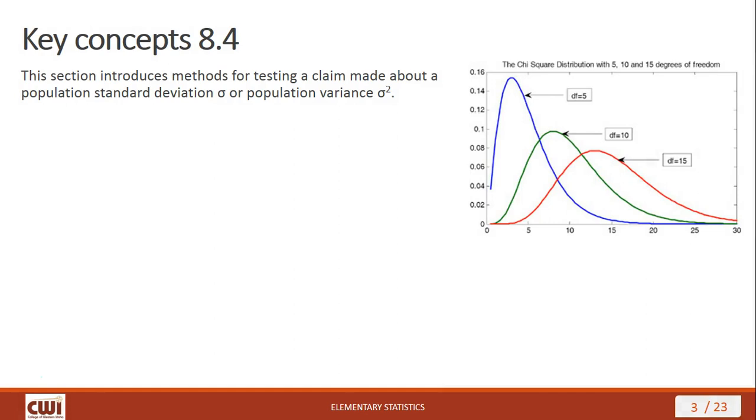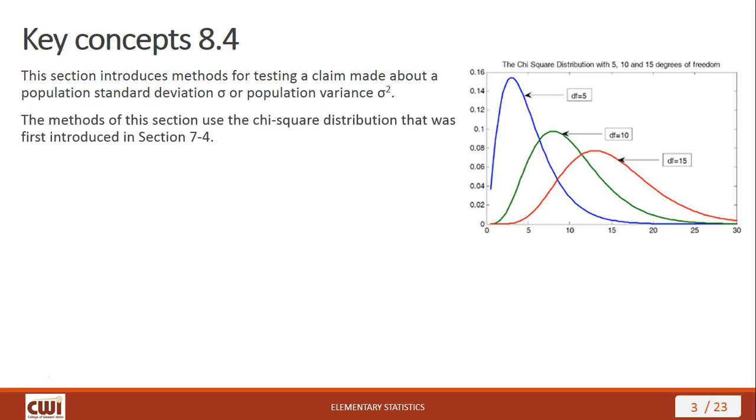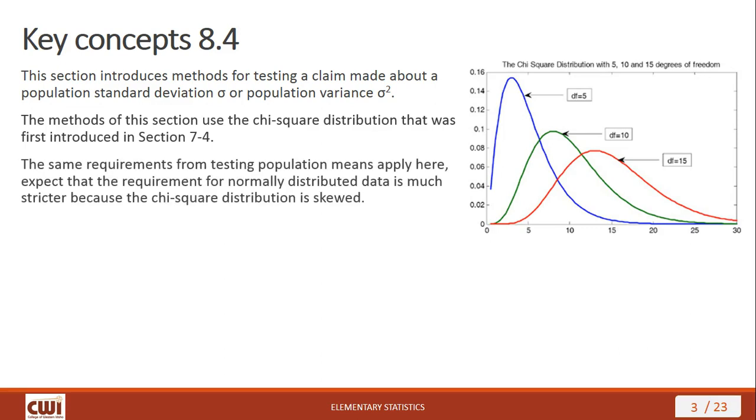So, as just mentioned, here in this section we're going to introduce methods for testing a claim made about a population standard deviation or a population variance. Of course, this is going to be based on the chi-square distribution that we saw back in section 7.4 when we were creating confidence intervals on a population standard deviation or population variance.